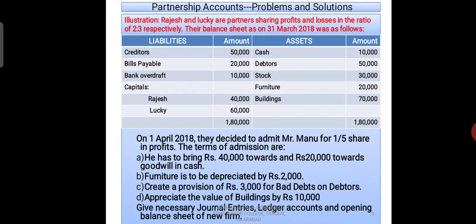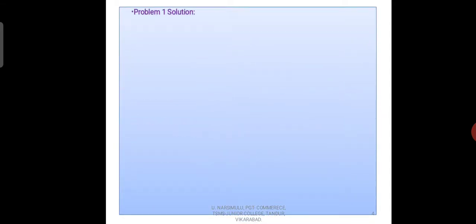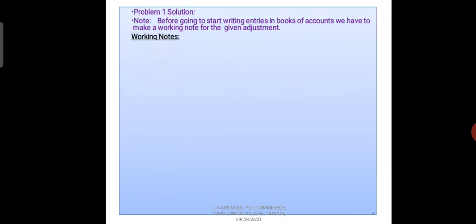Now go to working notes. For the given adjustments we need to prepare working notes. Under the working notes, how we are going to show the points one by one, you see. First take the old partners' capitals, meaning the existing partners' capitals.